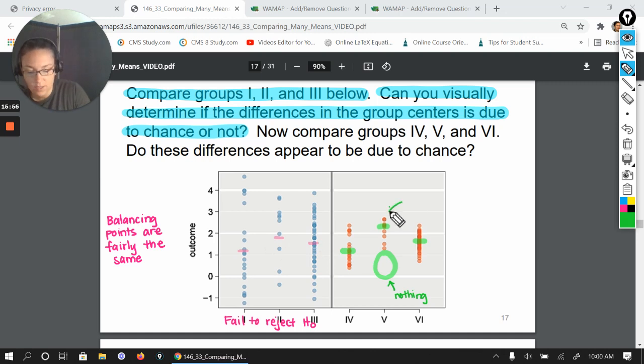Because of this middle one, we might have enough evidence to reject the null hypothesis. And also, just to be clear, these plots obviously are not box plots, these are dot plots.